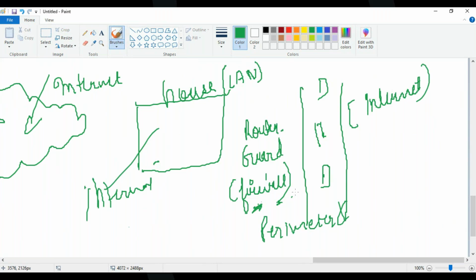We also have cloud firewalls, which we use in the cloud environment. Guys, let me ask you a question. Yes, WAF, web application firewall, is a specialized firewall designed to protect websites and web applications.